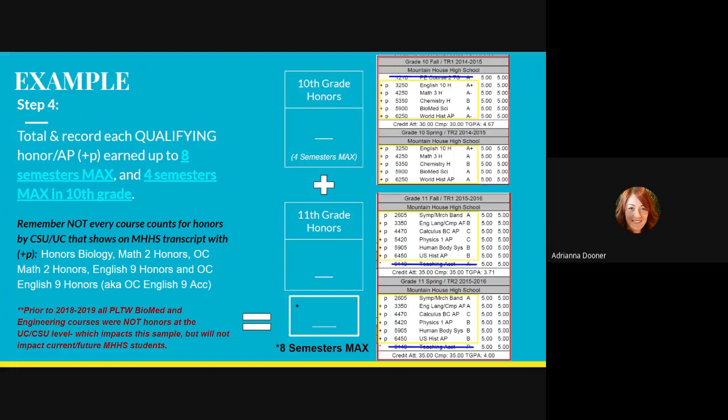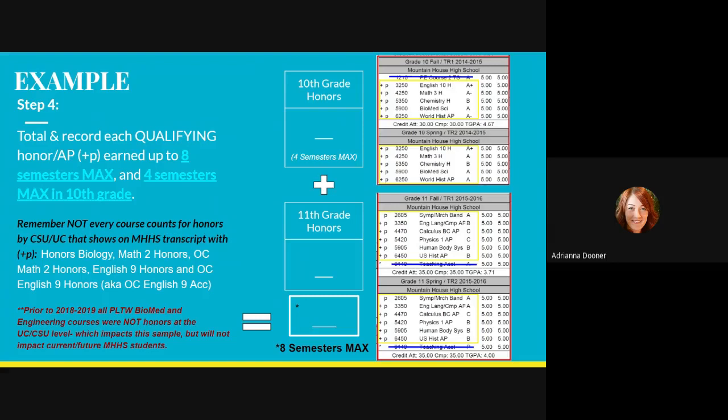And this is where this example is a little old. It doesn't apply to your student because there's no students that we have right now that would have taken these classes in the 18-19 year while in 10th and 11th grade. But our courses for the PLTW biomed sequence and engineering sequence were previously counted as honors courses at the high school only, but now they're actually counted as honors courses at both the high school level and the UC and CSU level.